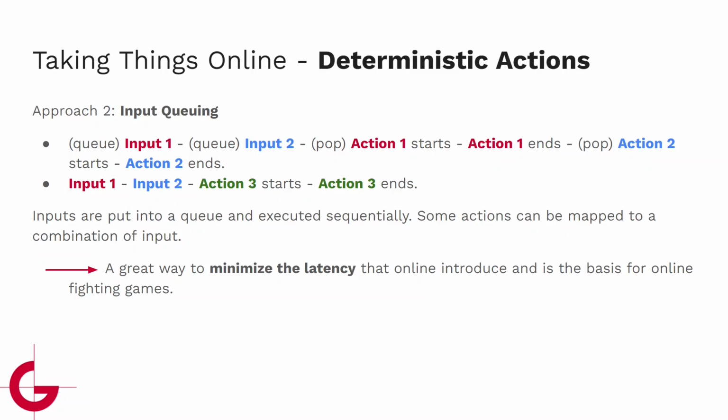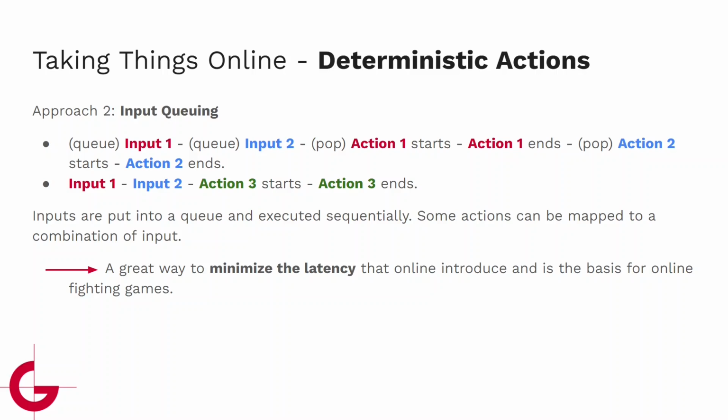So this is why it got its name input queuing, because every input that you perform is put into a queue, and the game will execute those inputs sequentially. And this is even better because we can map one action to a combination of inputs, right? So what if you press input one and input two right after another, and we map that to another action three.